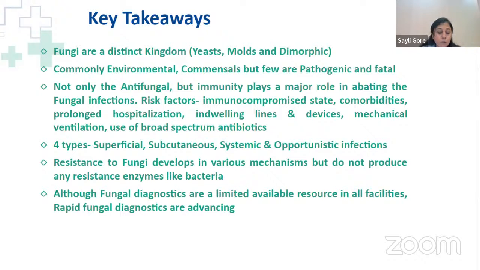And not only the antifungals, but the host immunity plays a major role in abating these fungal infections. And there are some risk factors that precede fungal infections. And there are four types of infections that occur, that is superficial, subcutaneous, systemic, and opportunistic.